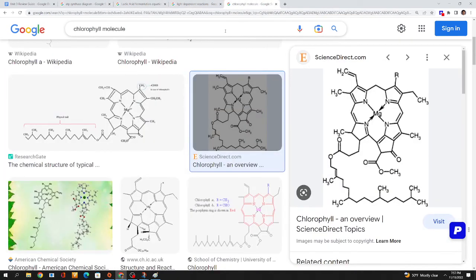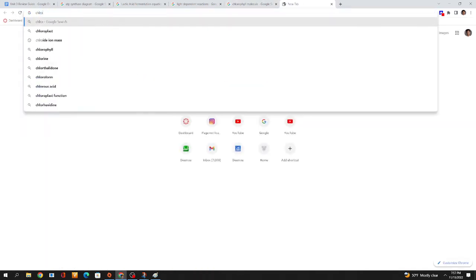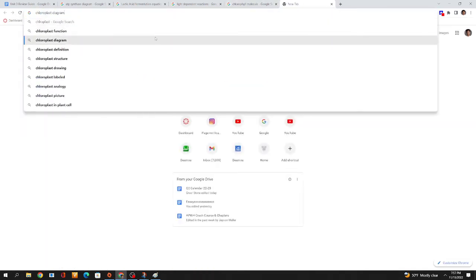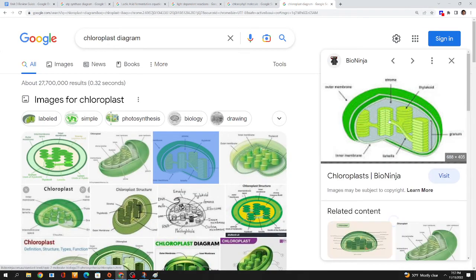If I have a photo, I'll show you this right here, chloroplast diagram. The lumen is this very light green region of the thylakoid. So this is the stroma, the thylakoid lumen is here, and this darker green portion right here is where this process is taking place.